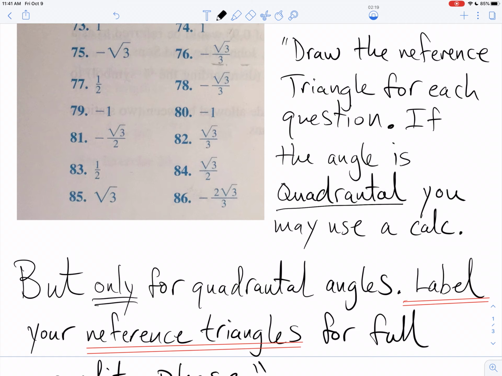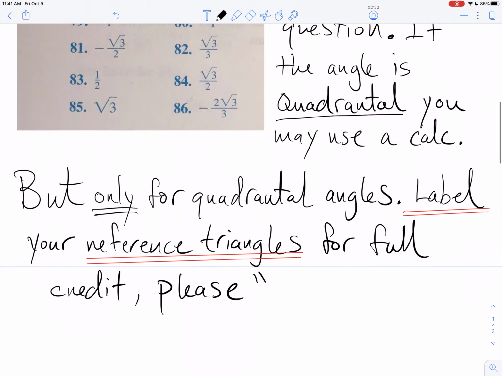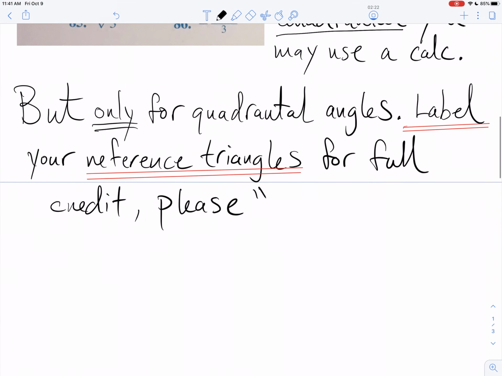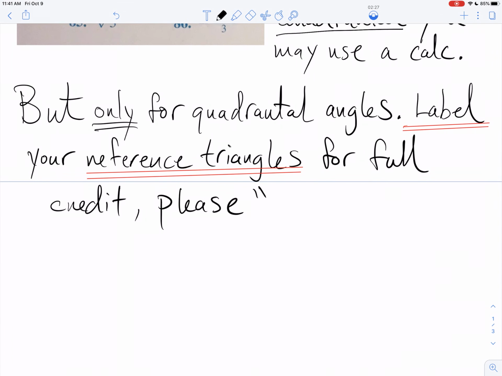So I want to see you guys try to draw a reference triangle for everything. But if it turns out being quadrantal, you cannot label a reference triangle for that. But you'll notice I've underlined this, label your reference triangles for full credit. If you don't, down the road it's going to bite you in the butt. You're not going to be a happy kid. Believe me, this is just the tip of the iceberg.